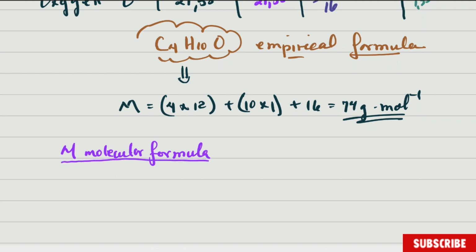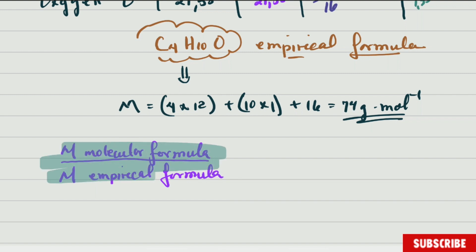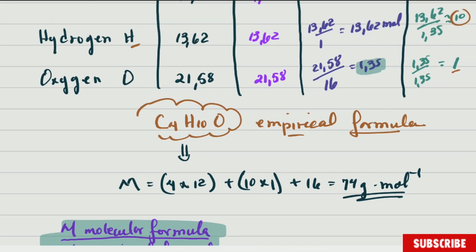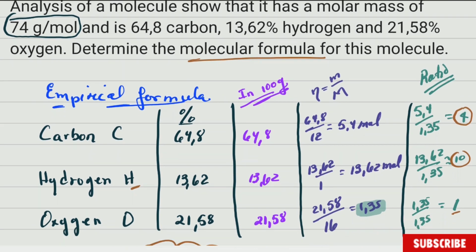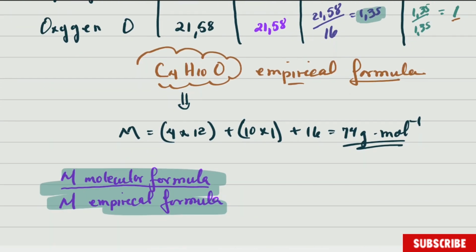That's all you are going to do. You divide those two. The molar mass of the molecular formula is 74, so it's 74 divided by 74. That will give you 1.